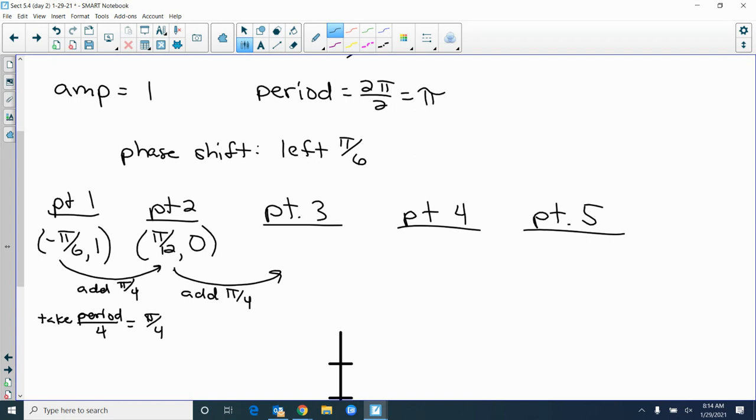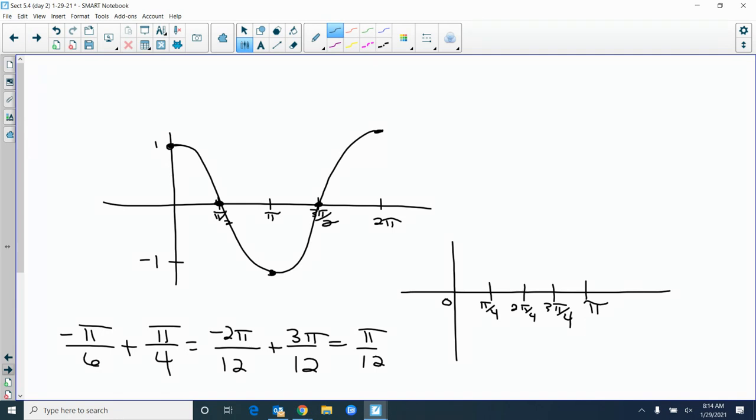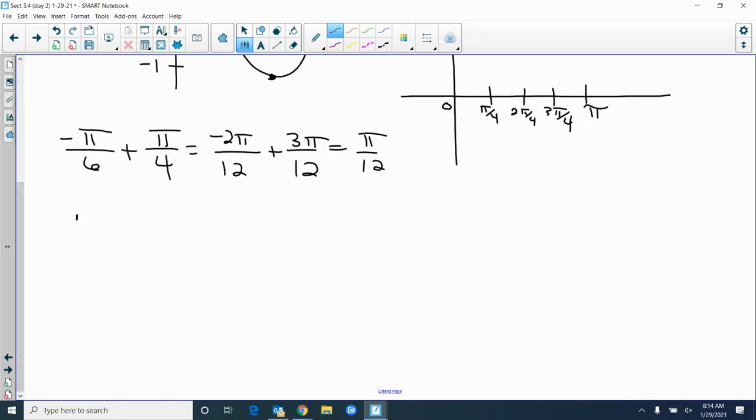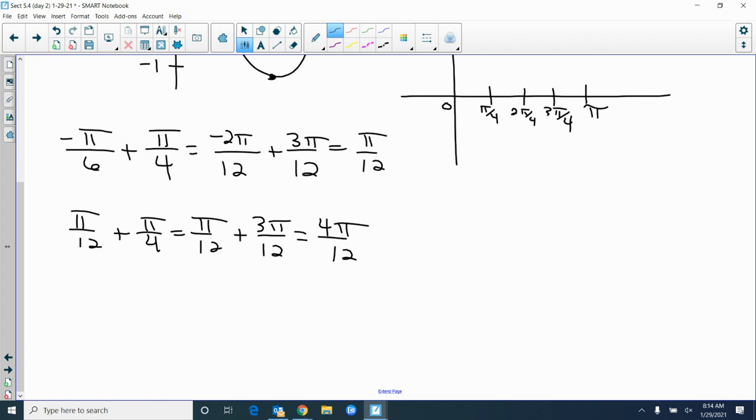Now when I add that, I'm taking pi over 12 plus pi over 4, which is pi over 12 plus 3 pi over 12, and that's 4 pi over 12. I know that reduces, but like I said, it doesn't bother me if you leave that, because then we're going to keep adding pi over 4, which is 3 pi over 12.